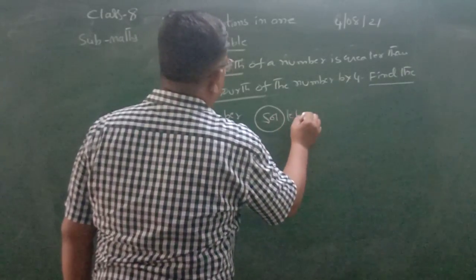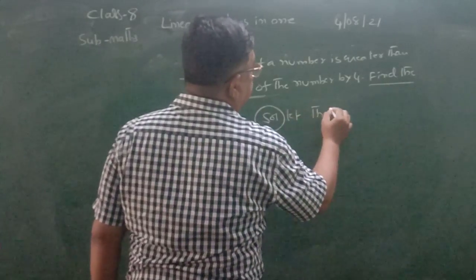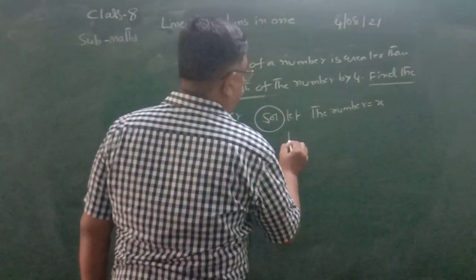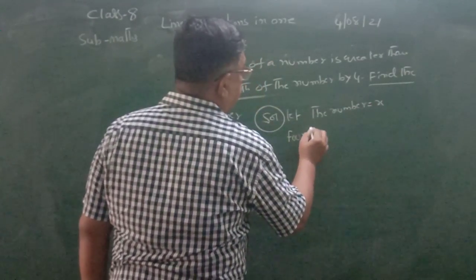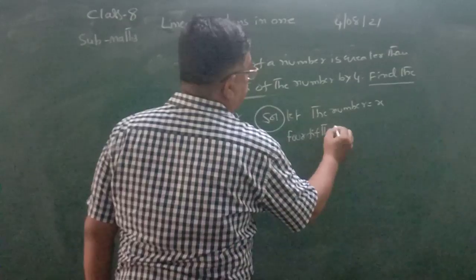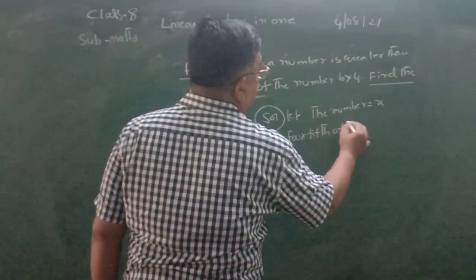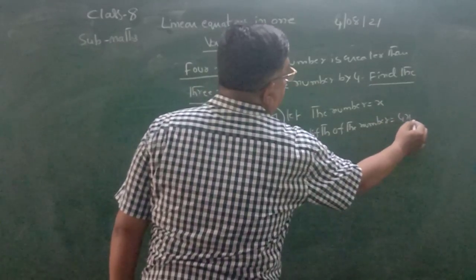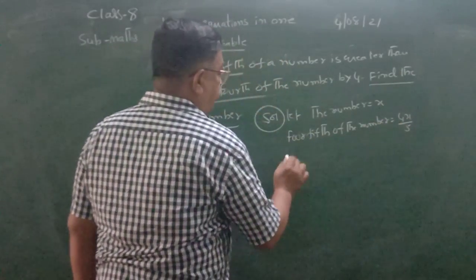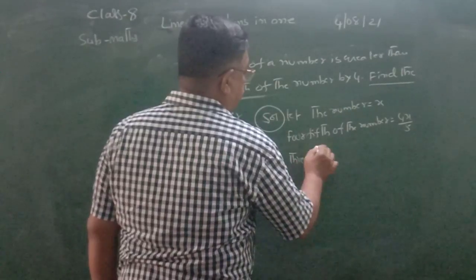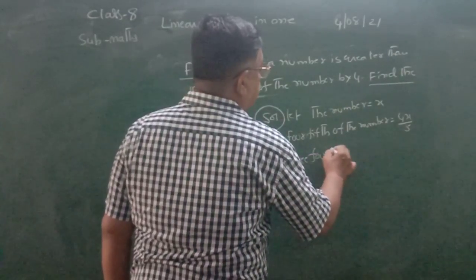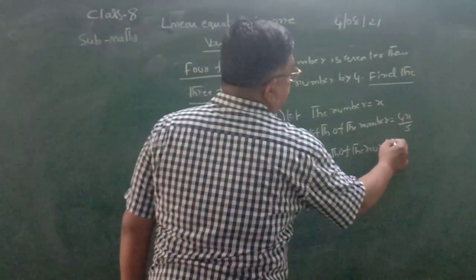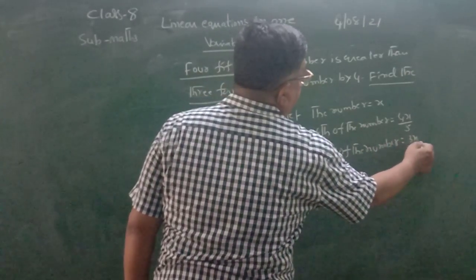Let the number equal to x. 4/5 of the number is equal to 4x by 5. 3/4 of the number is equal to 3x by 4.